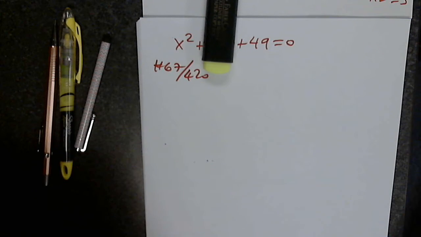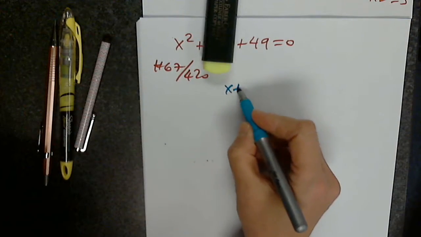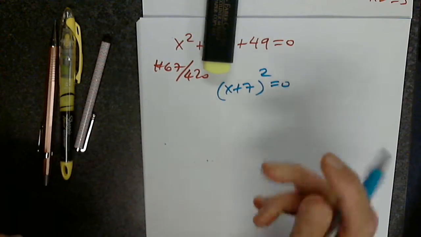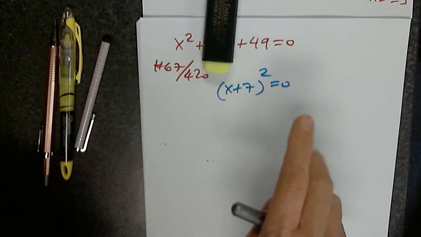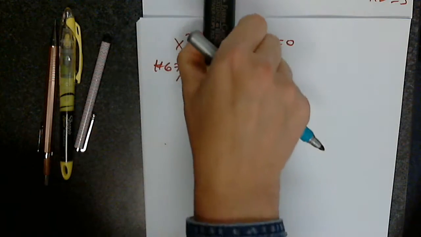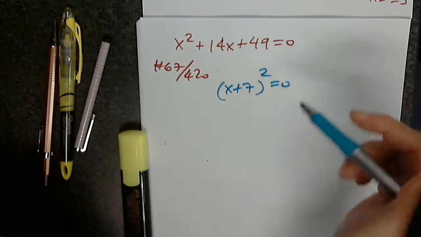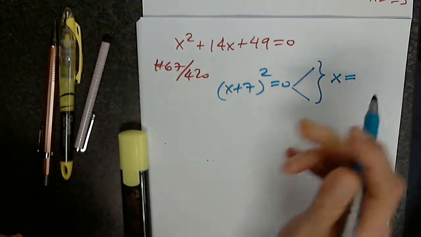If this is a special product, what will it be? What could it be if it is? Plus 7. Squared equals 0. What is the middle term here? 2 times x times 7. What is it? 14. Is it? Good. So 2 options, which actually reduce to 1.